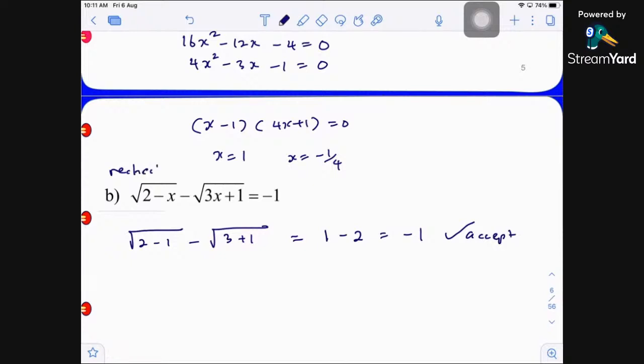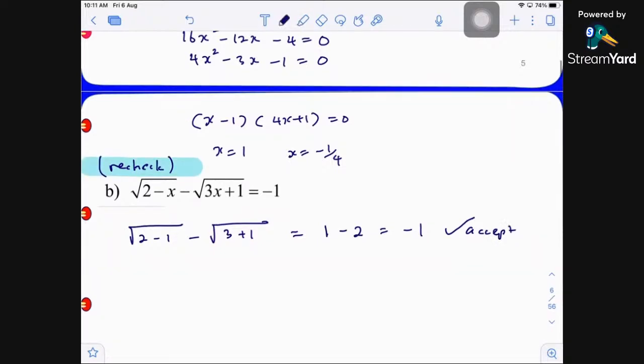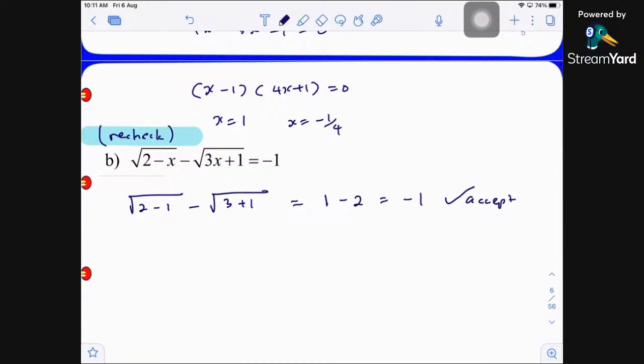I hope you all understand this recheck process here. Then for the next one, if you put negative 1 over 4 inside, you get square root 2 minus 1 over 4, minus square root negative 3 1 over 4 plus 1. If I add this, I get 2.25, sorry, not 2.5.